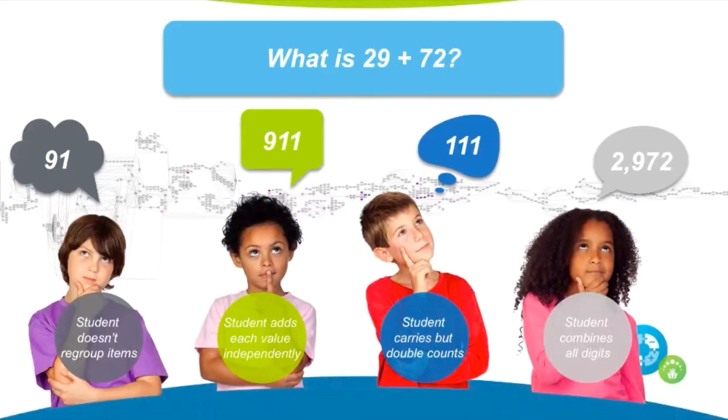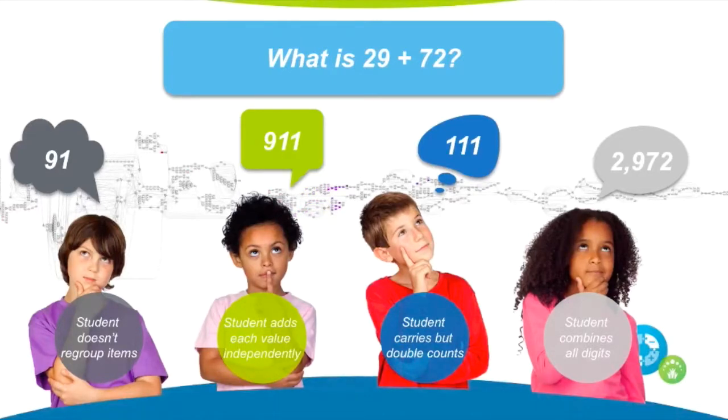Or take the student that answered 111. Even though the student got that wrong, Dreambox simply is going to ask another question to find out, was this a simple oversight or was this a systematic error, and then adapt that student accordingly based on where they need to be.